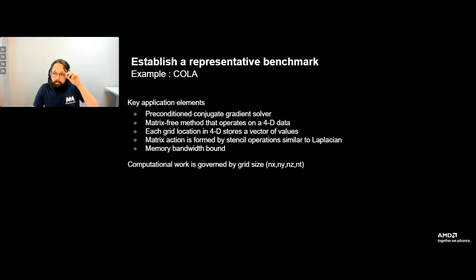Now, in terms of establishing the representative benchmark for this code, generally the amount of computational work that we're doing is going to be dictated by the grid size. So how many points I have in the X, Y, Z, and T directions, with time in the time dimension.